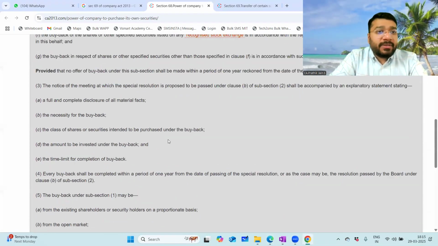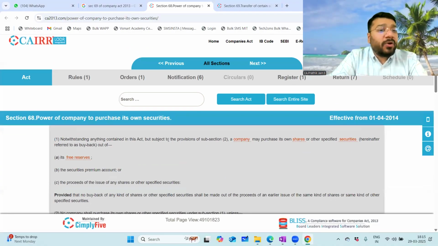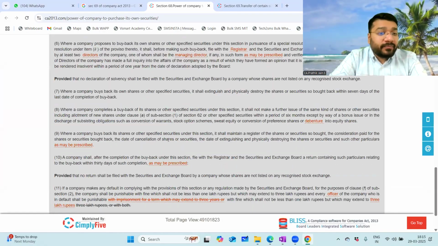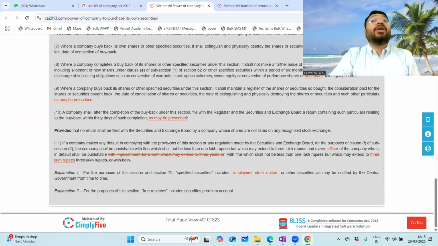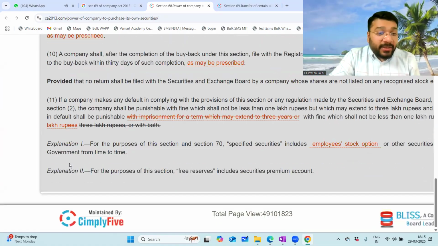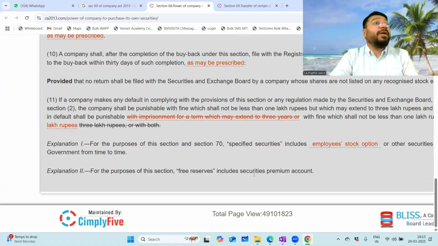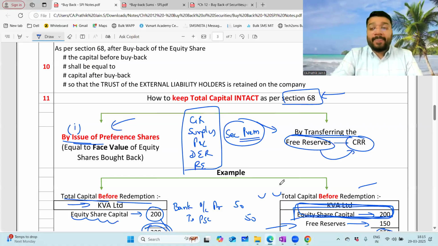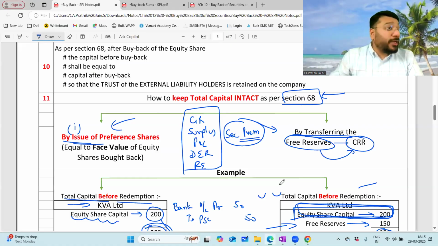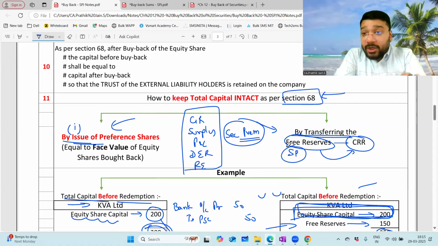So this is nothing but section 68, power of a company to purchase its own securities. In that, if you come down, I said, only for this section, free reserves include securities premium. Who is saying this? It is mentioned here, Explanation 2. For the purpose of this section alone, free reserve includes the securities premium account, which means if I'm transferring an amount equal to the face value of the equity share capital from the free reserve to CRR, securities premium also can be utilized. Listen very carefully.